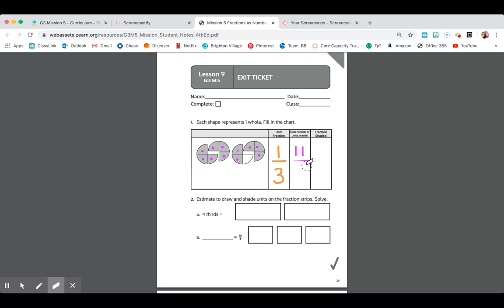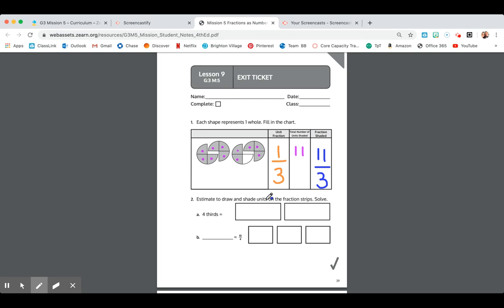Getting ahead of myself. The fraction shaded then would be 11 thirds.